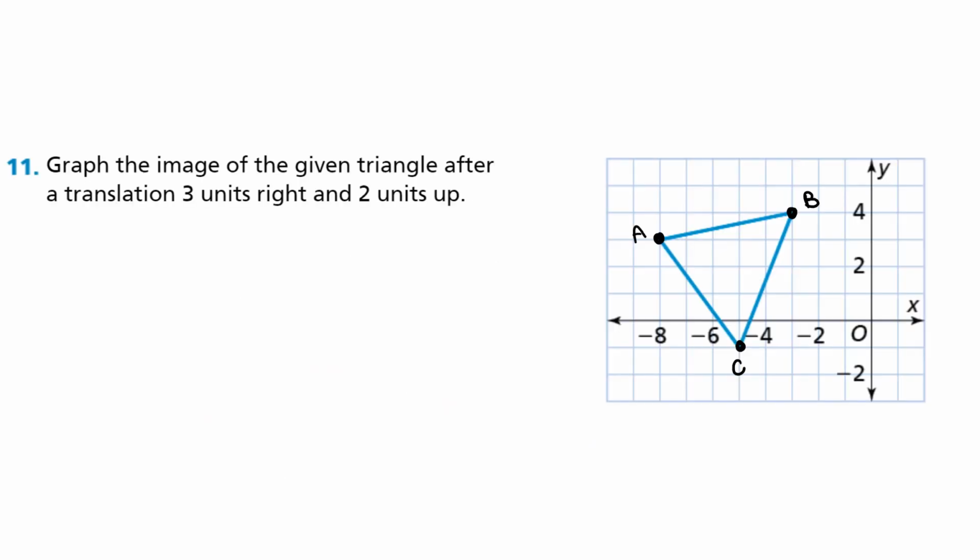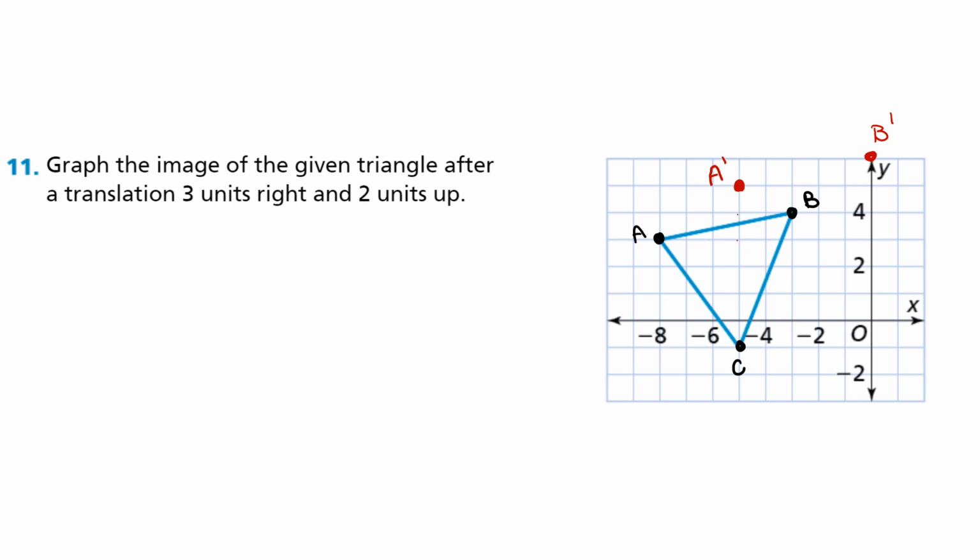For 11, we're going to graph the image of the given triangle after a translation 3 units right and 2 units up. I have labeled the points A, B, and C. If I count point A going right, 1, 2, 3, and then 2 up, it puts me here at -5 and +5. That's my new A prime. For letter B, we count right 3 and up 2, labeling our point B prime.